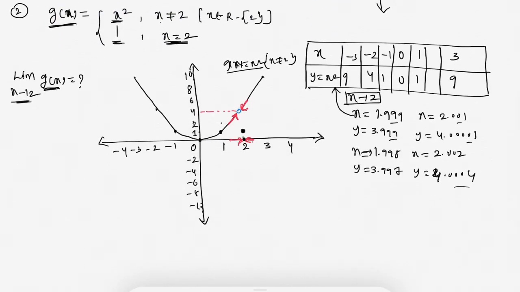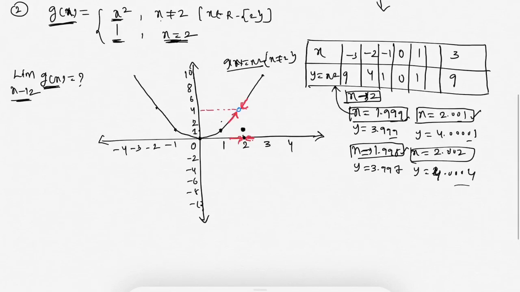So as x is approaching 2 means x is taking very close values to 2, which can be 1.99, or 2.001, it can be 1.998, it can be 2.002 also. So as x is coming very close to 2, y is coming close to what?